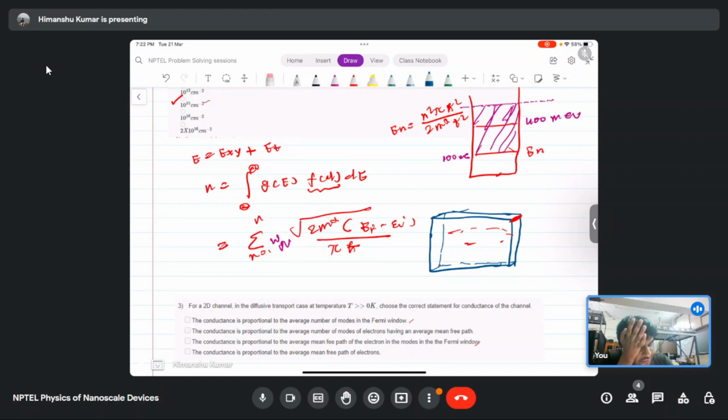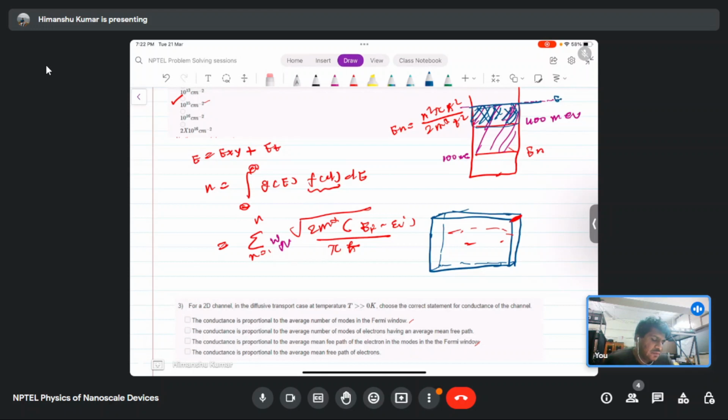When you integrate below EF, this portion is counted double, and that will be counted as the valley degeneracy.